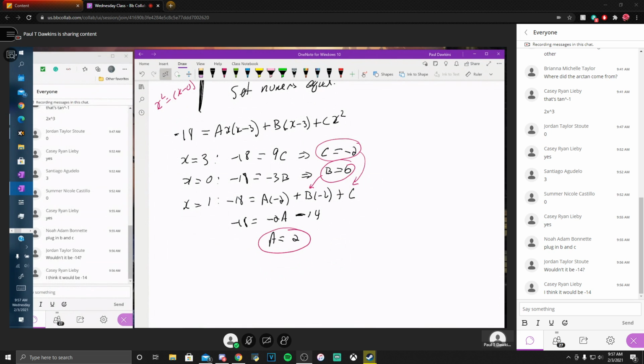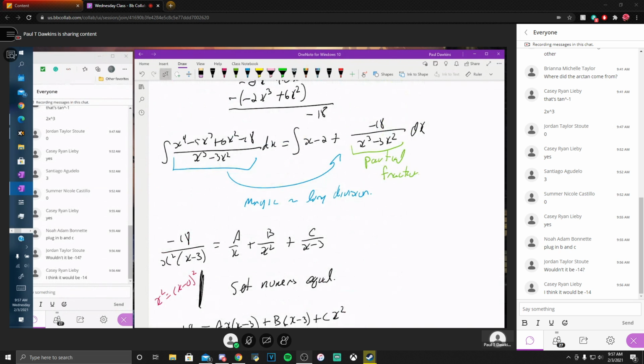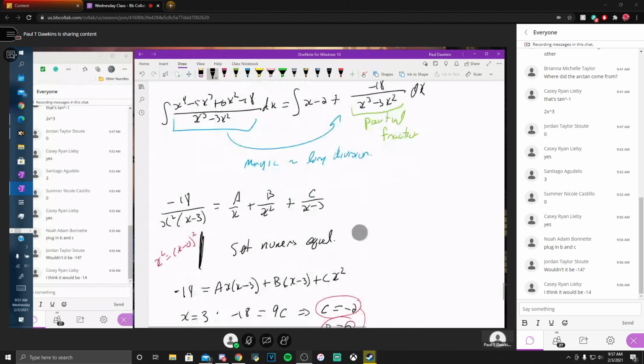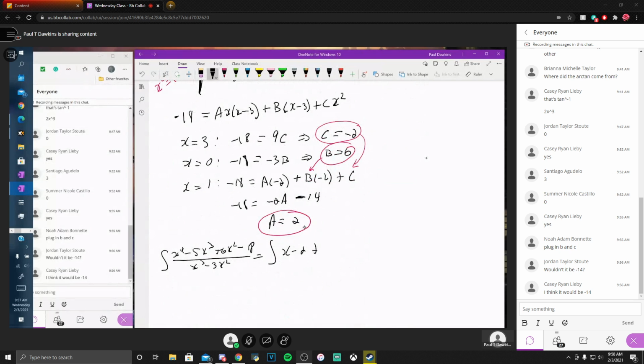Okay, so at this point, let's write down what we got. Getting kind of painful, but let's do it. So where's my integral? So x to the fourth. Write all this back down. We had an x minus 2, right there, plus the partial fraction.